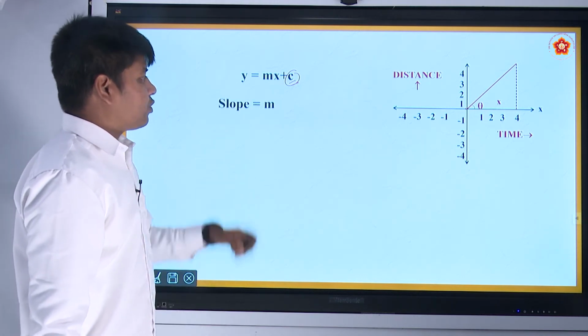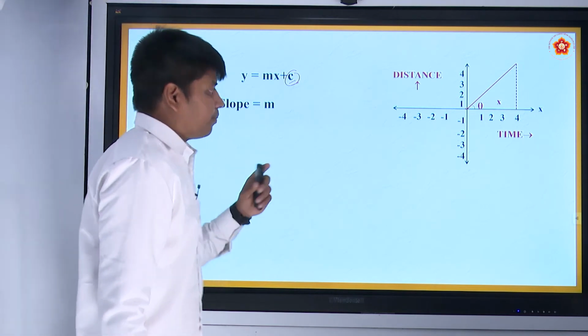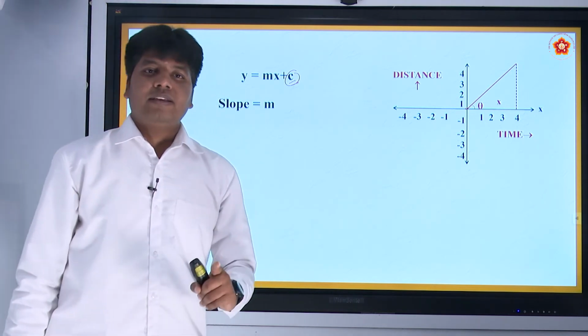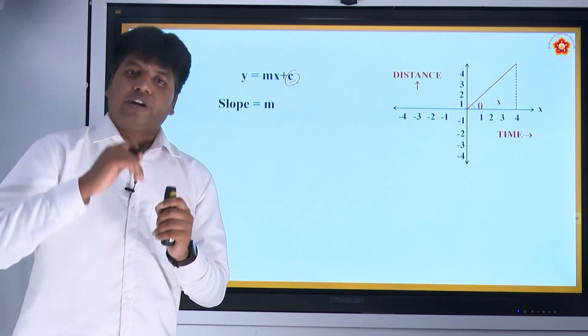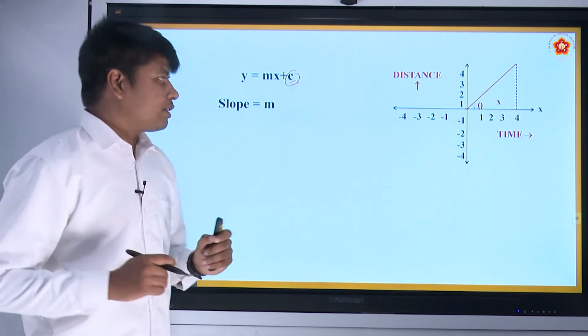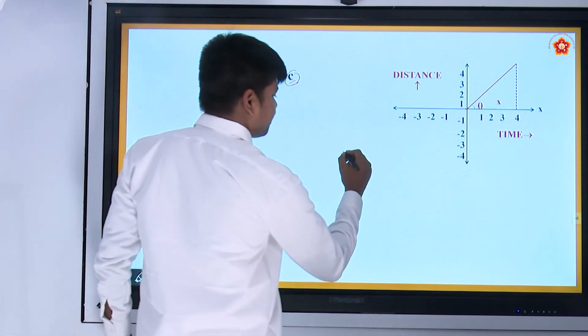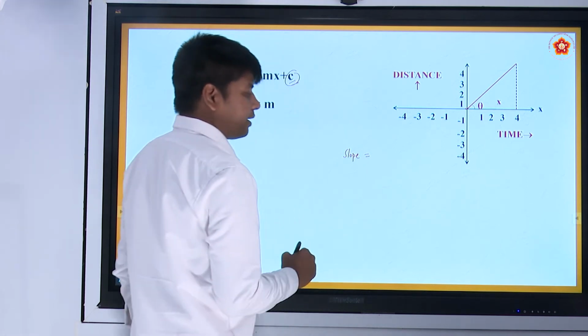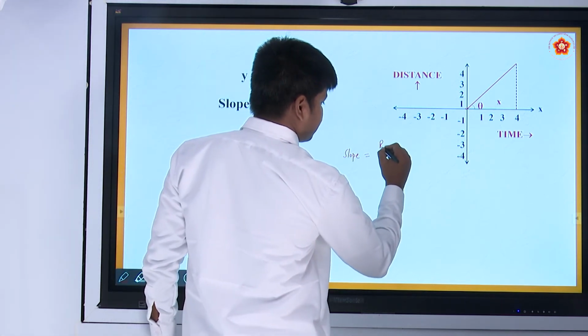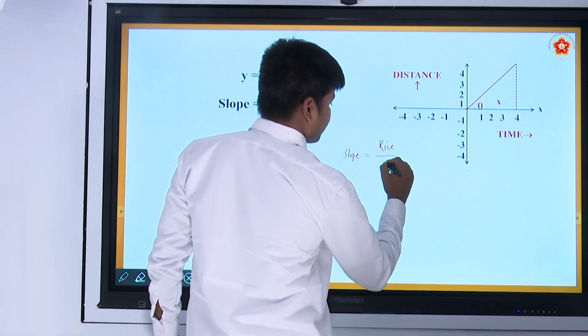Now m is the slope. So what is slope now? Slope is nothing but the gradient between the 2 points, right? What do you mean by slope? Slope is nothing but the rise over run.